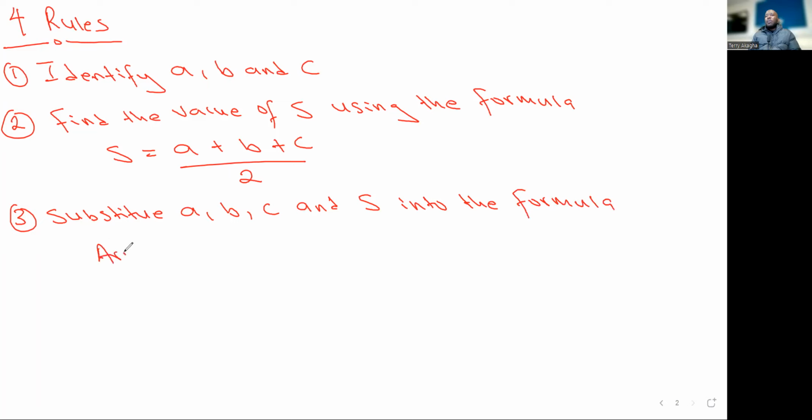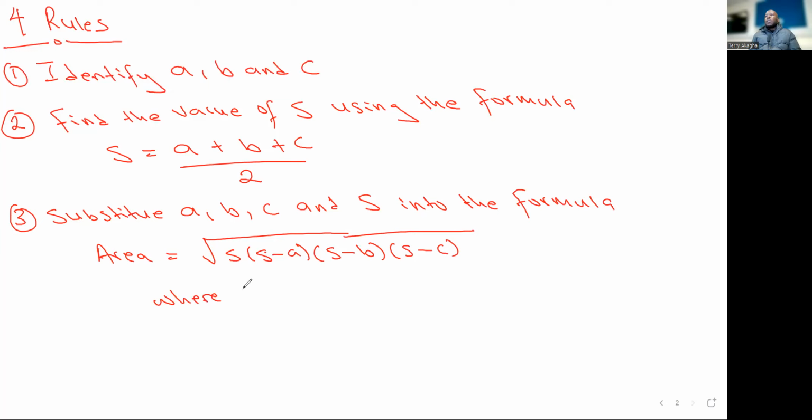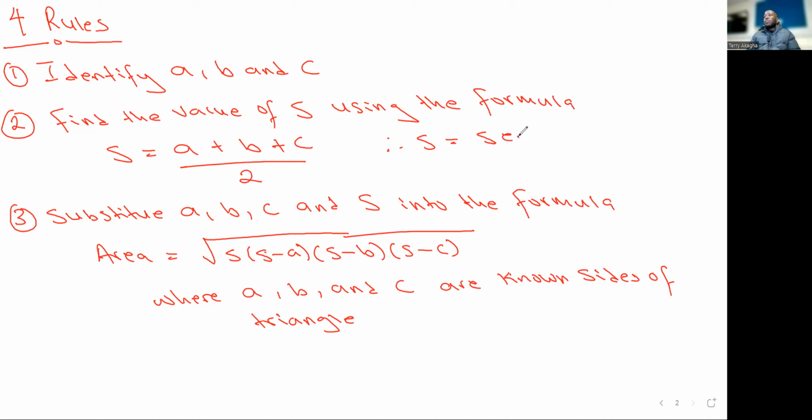The area will then be equal to the square root of s(s minus a)(s minus b)(s minus c), where a, b, and c are the known sides of the triangle, and s is the semi-perimeter.